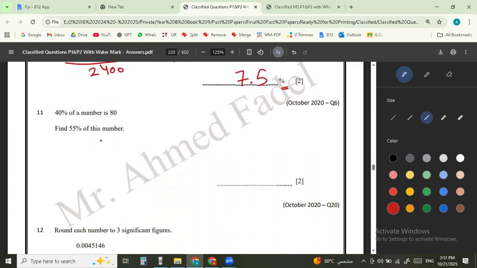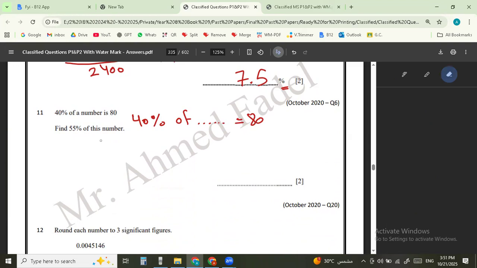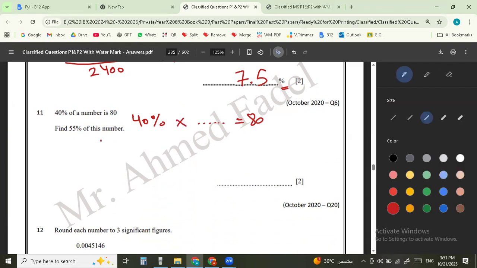40% of a number is 80. Find 55% of this number. Well, one second, Mr. We did it before when we said 40% of something is 80, and we agreed that of means multiplication, right?